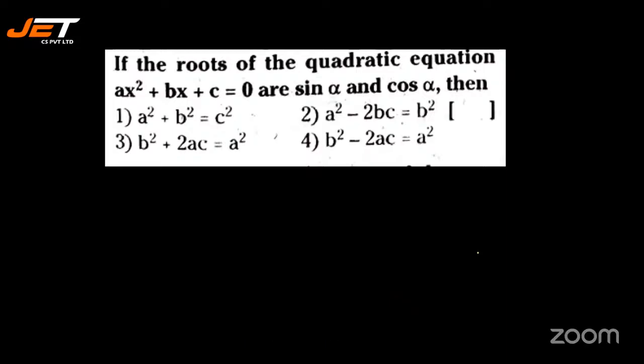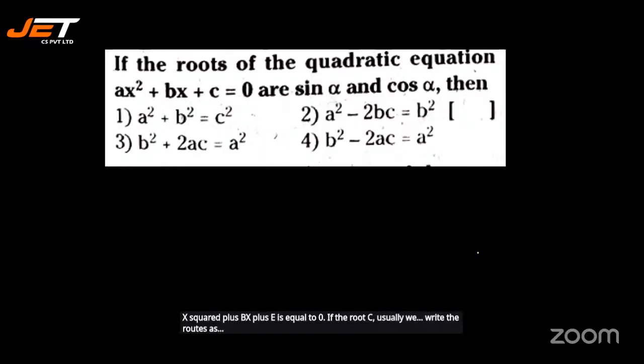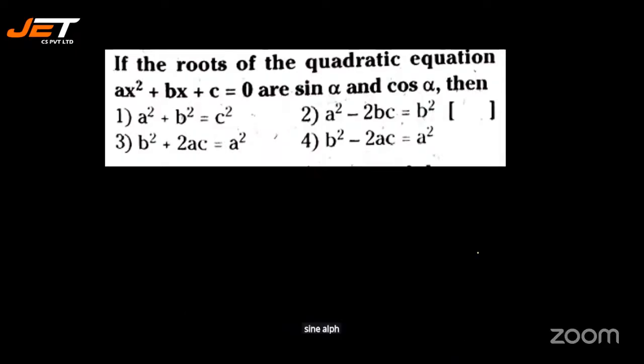If the roots of the quadratic equation ax square plus bx plus c is equal to 0, usually we write the roots as alpha and beta, isn't it? So alpha plus beta, alpha beta. So here we have taken it as sine alpha, cos alpha. So sine alpha plus cos alpha is minus b by a.